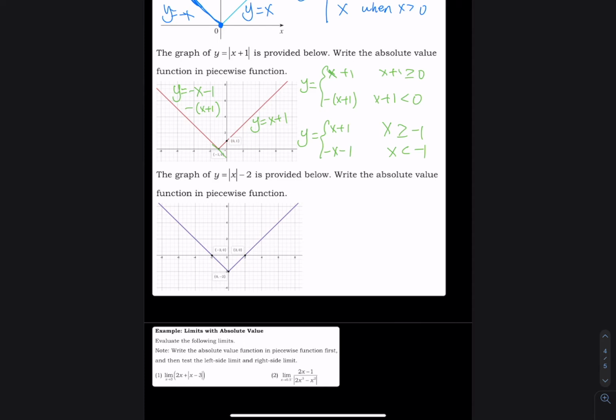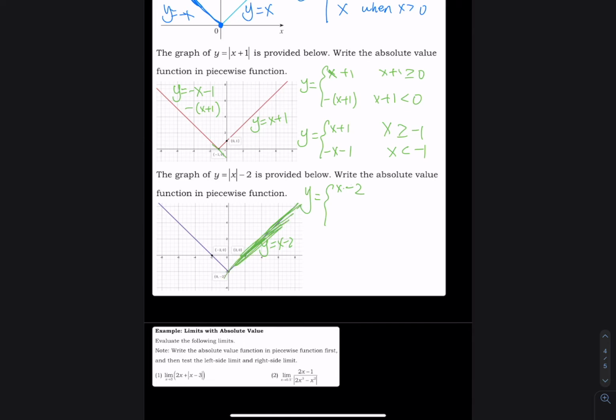The -2 is outside of the absolute value. That means you shift the absolute value function 2 units down. So we have y equals x plus 2, right? Or actually, it's not x plus 2, it's x minus 2.